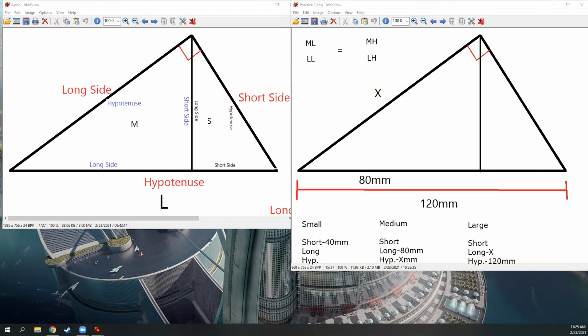So let's set this up. Where'd my mouse go? There we go. And then we can start solving.